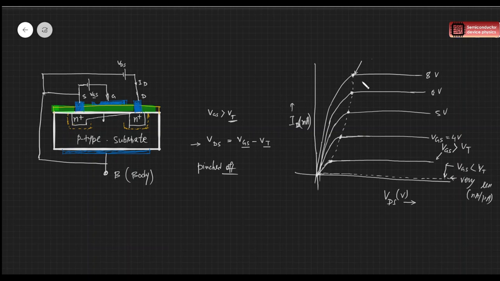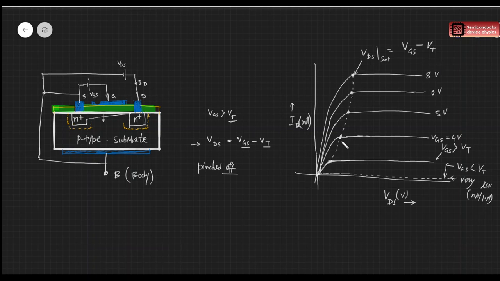So this is where the ID saturates, and this voltage is known as VDS, that is voltage between drain and source, right? It saturates, so VDsat, where it meets the condition VGS, voltage between gate and source, minus threshold voltage, right?